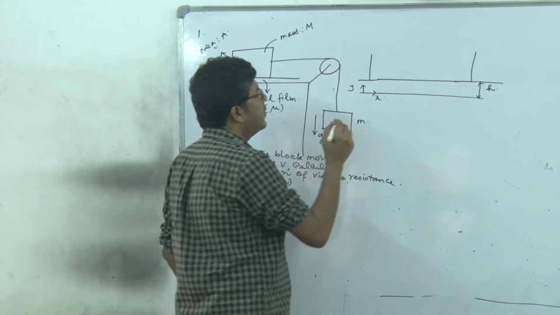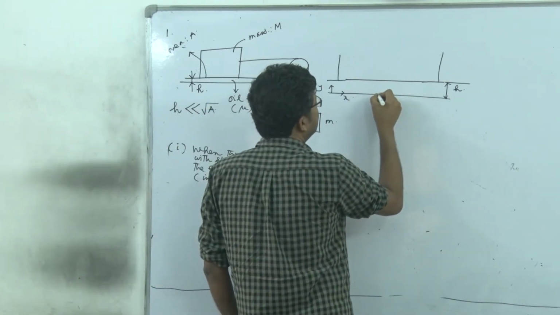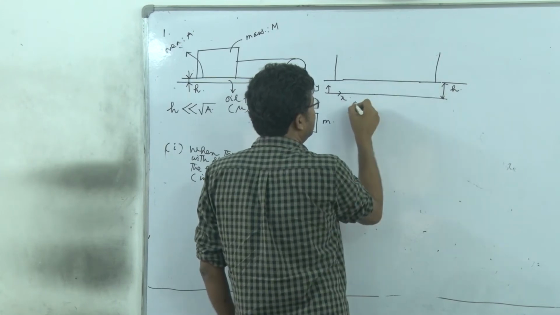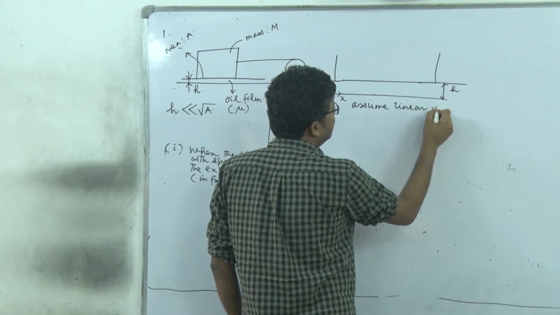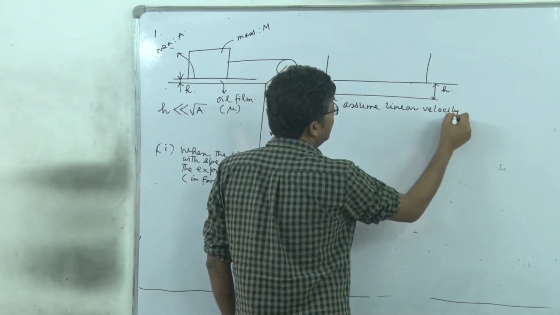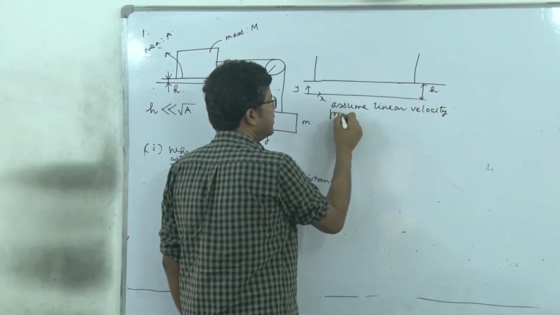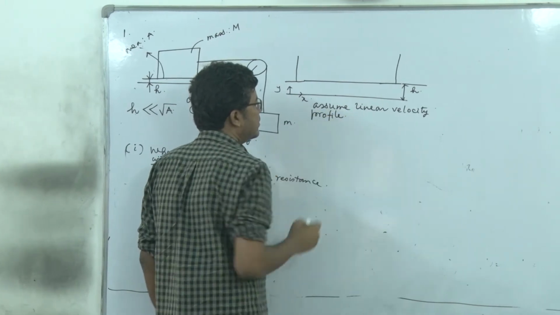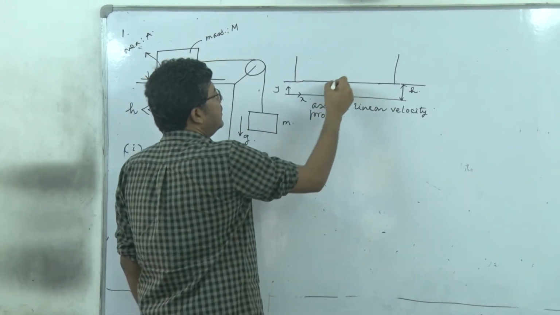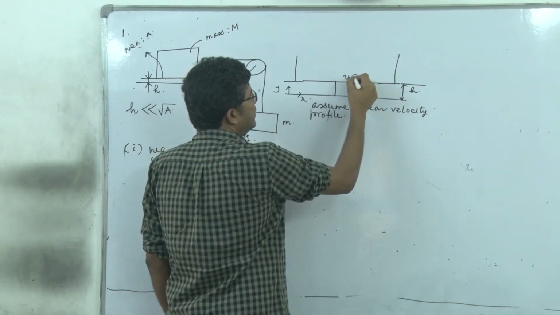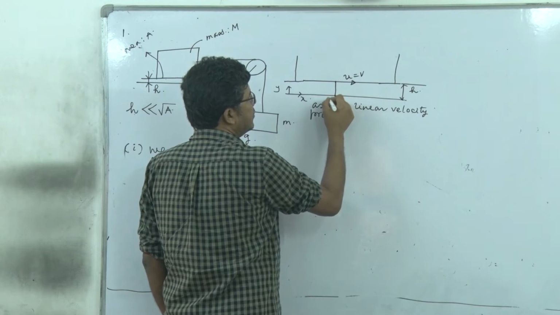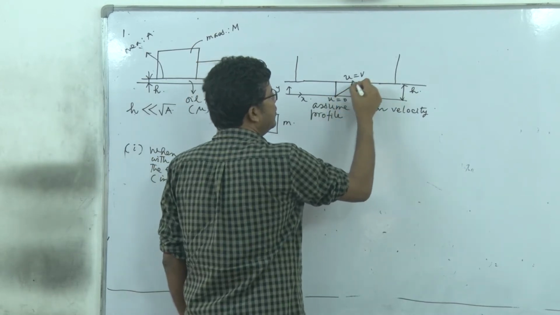Under this situation, we can assume a linear velocity profile. Here the velocity u is equal to v at the top, and according to the no slip condition u is equal to 0 at the bottom.